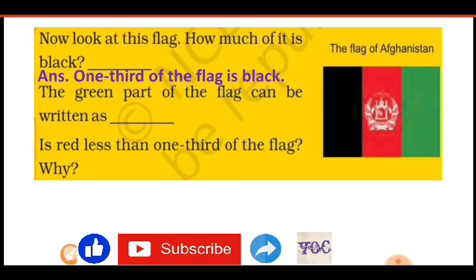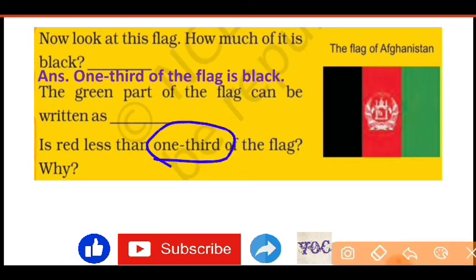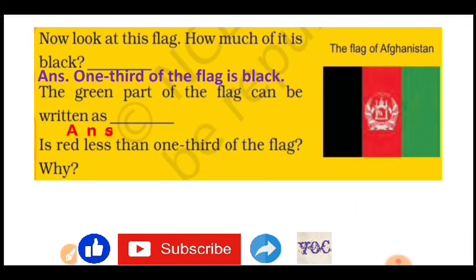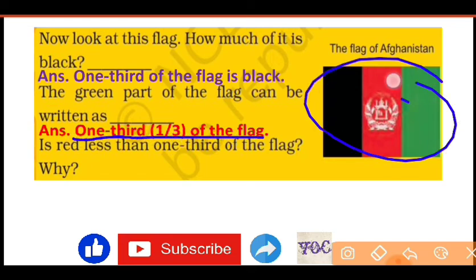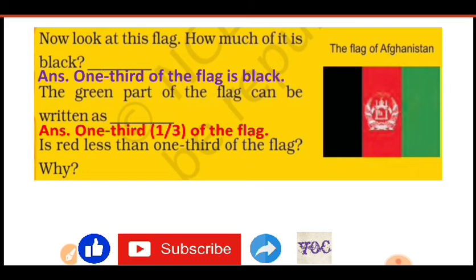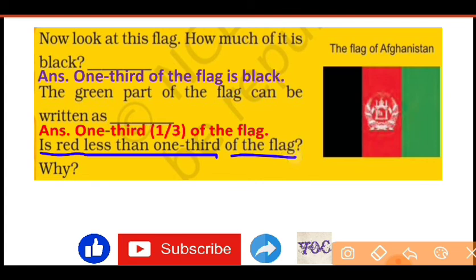And you can write 1/3 in numbers also like this. So take care of this. So the answer will be yes. The green part can be written as 1/3 of the flag, that you can see very easily in the picture. Okay, last one: is red less than 1/3 of the flag?